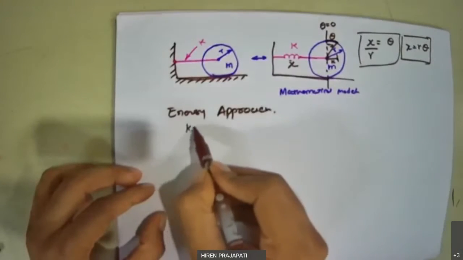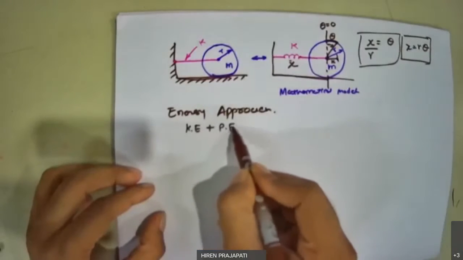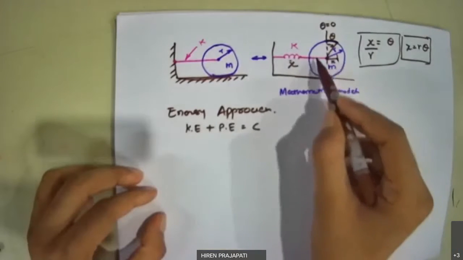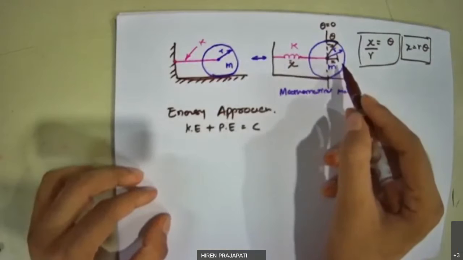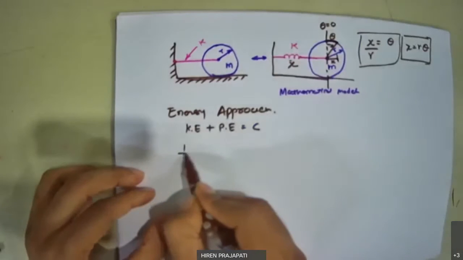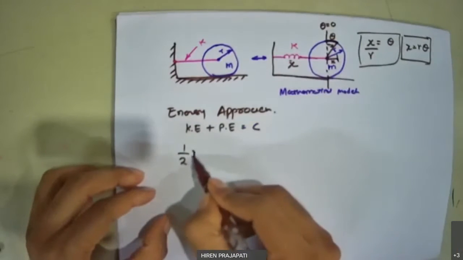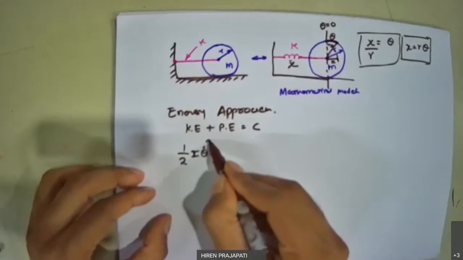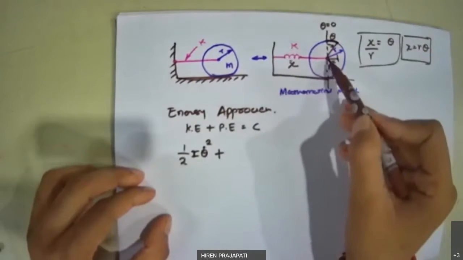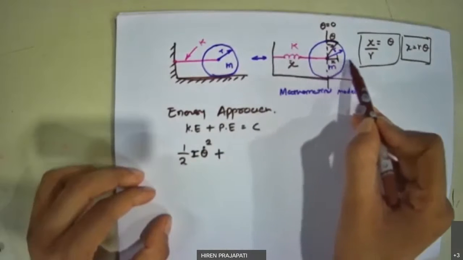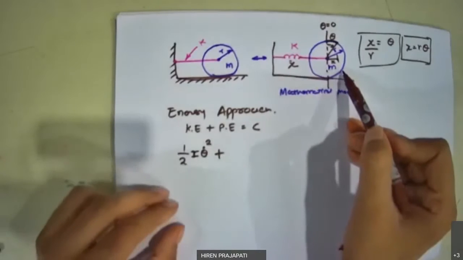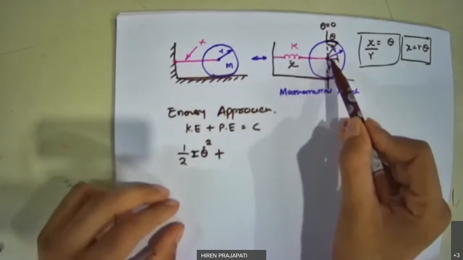As per the energy approach, kinetic energy plus potential energy is equal to a constant. Now, how much is the kinetic energy? It's a rotating system; the disc is rotating about its center. So I say 1/2 I theta dot square, plus, since it is rotating about the center as well as traveling in the linear direction, this disc has combined kinetic energy, rotating as well as translating.